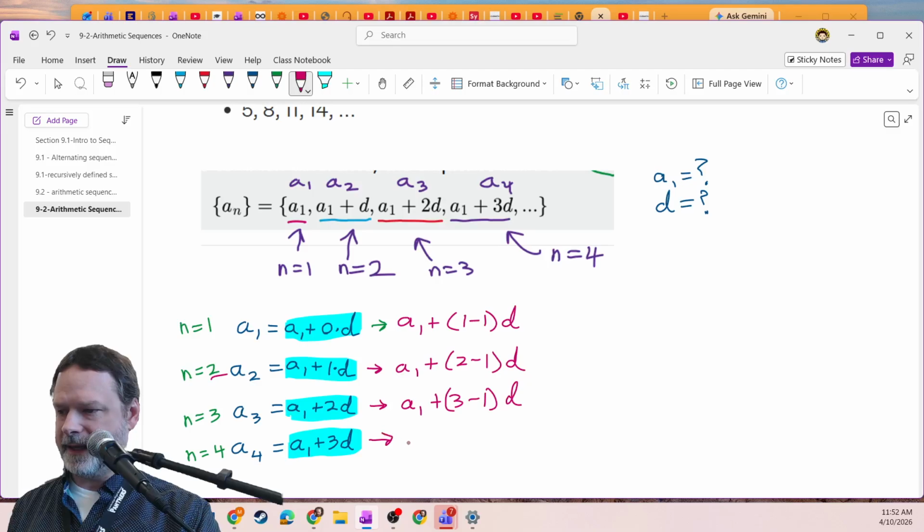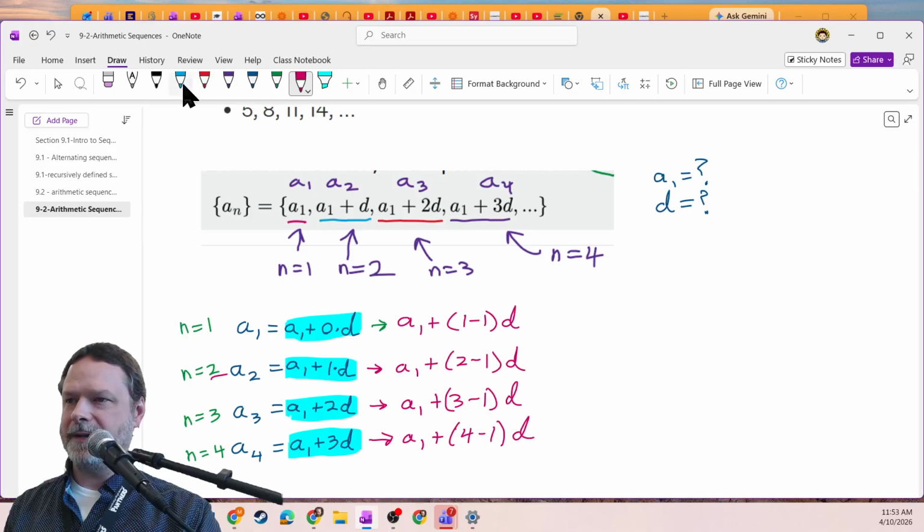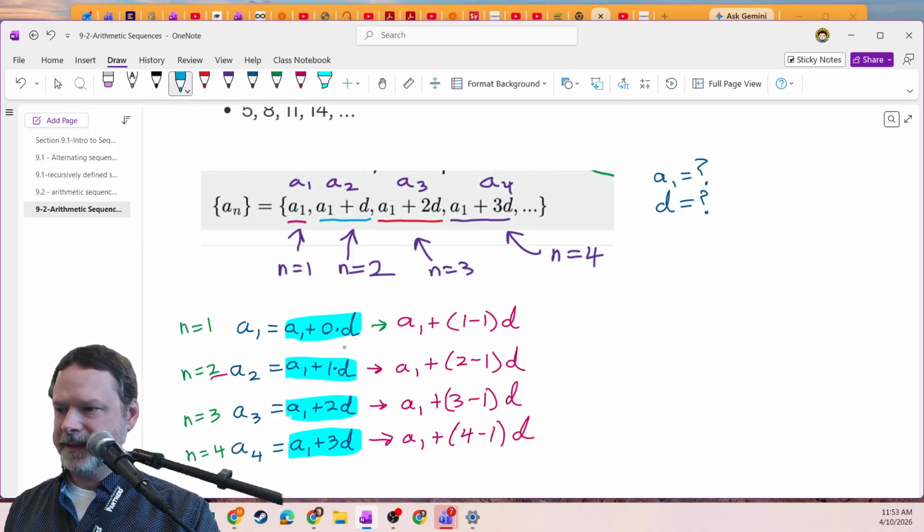And this guy could be a sub 1 plus 4 minus 1 times d. All right. So n equals 1, there's a 1. n equals 2, there's a 2. n equals 3, there's a 3. n equals 4, there's a 4. There, I got my pattern.